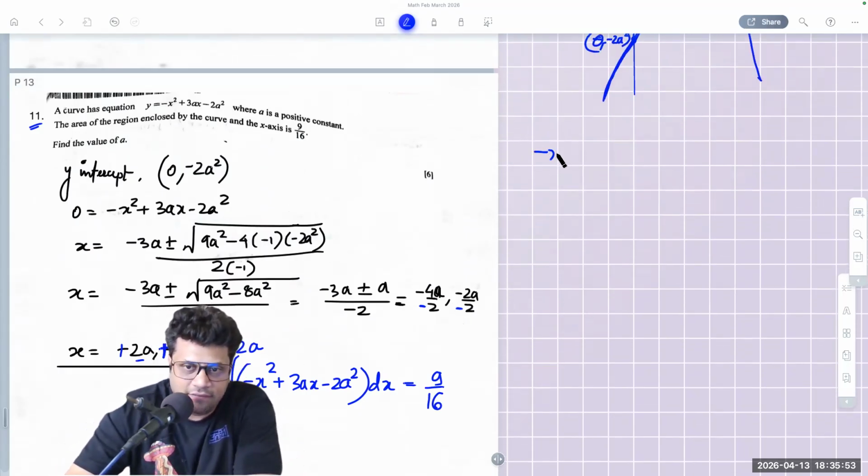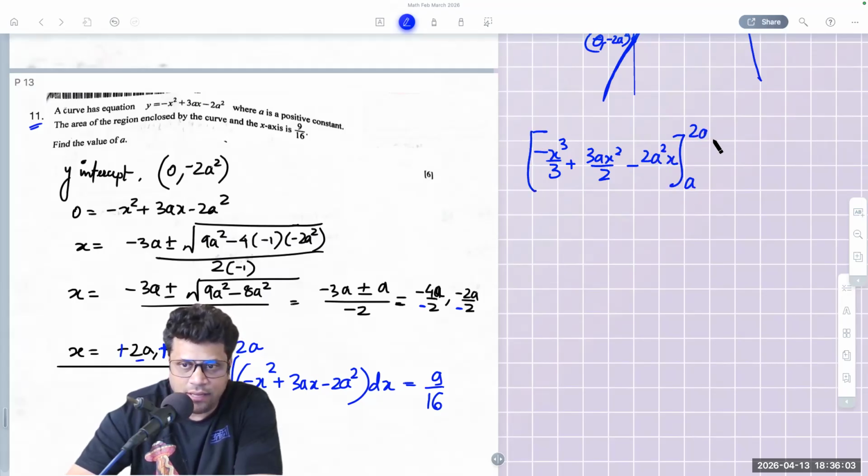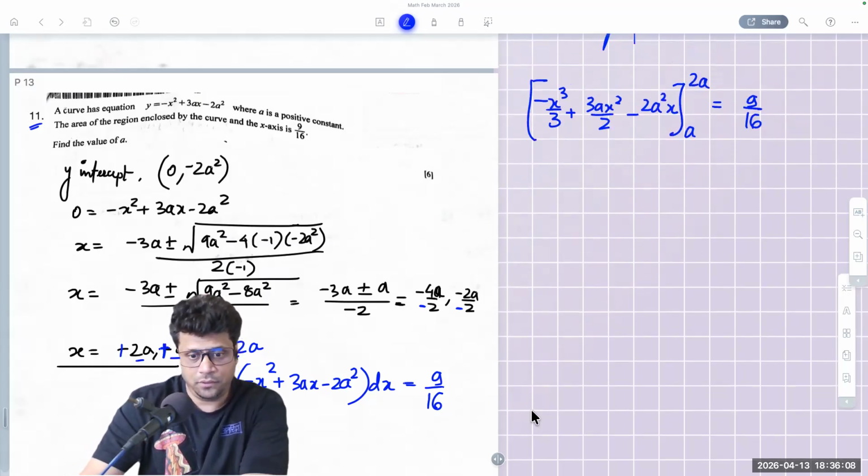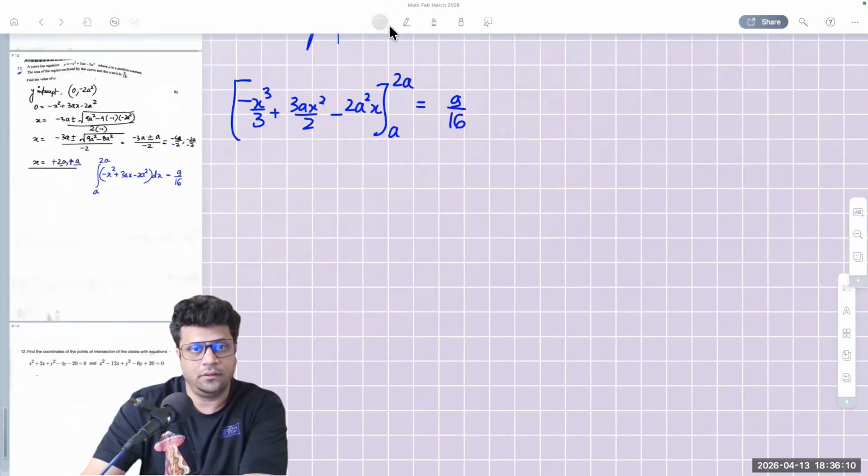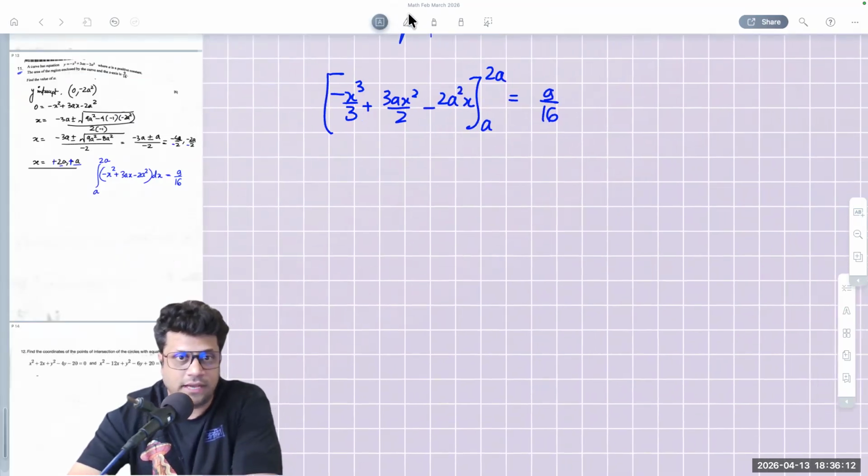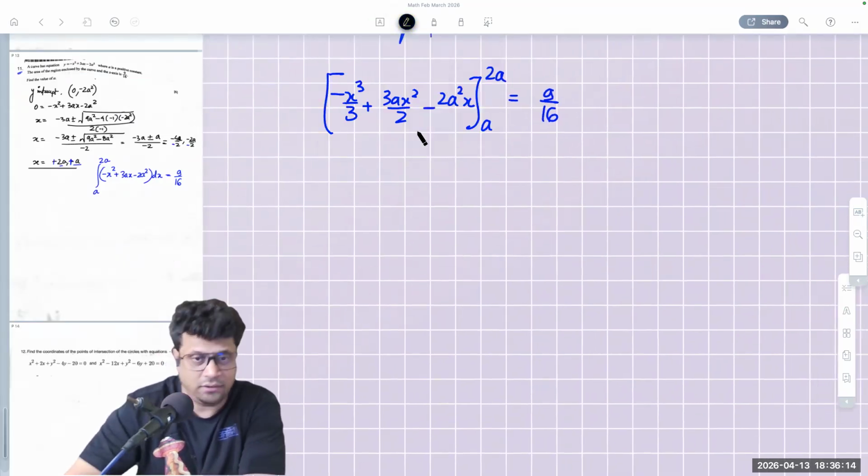So I go negative x³/3 plus 3a x²/2 minus 2a² x between a and 2a is 9/16. Okay, that looks like a good lot of work already.